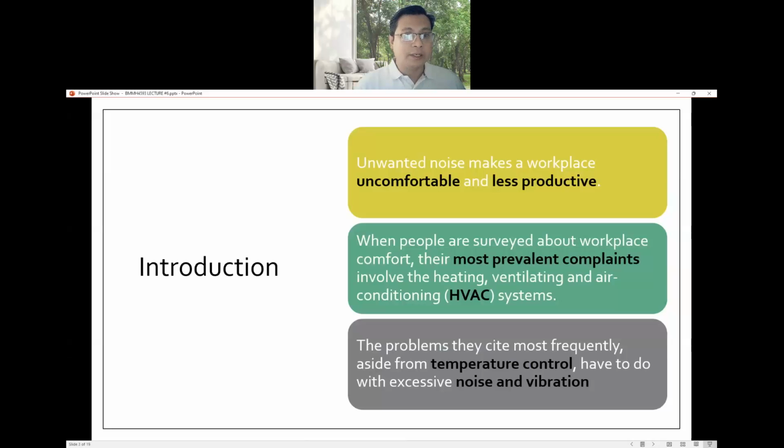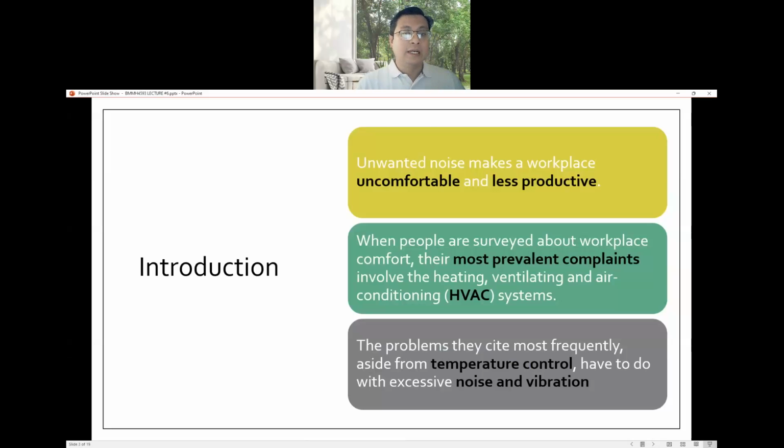Referring to the workplace, it means something we don't want that disturbs us during the working day. Second, when people are surveyed about workplace comfort, their most prevalent complaints involve the heating, ventilating, and air conditioning, or HVAC, system.